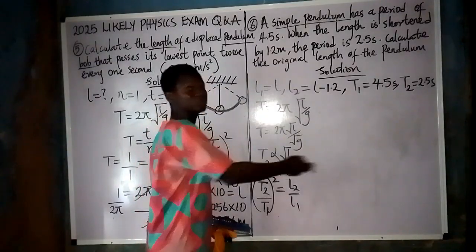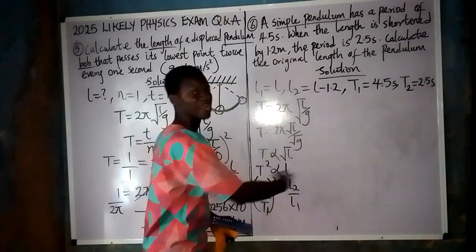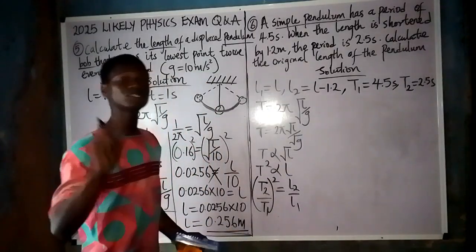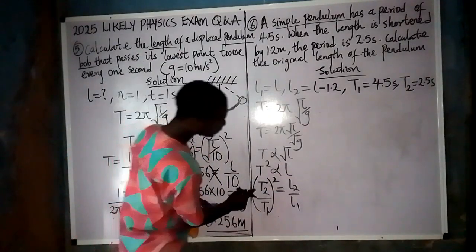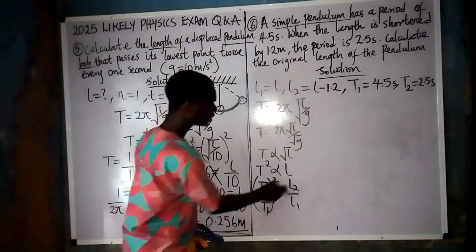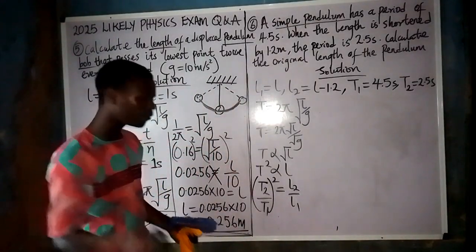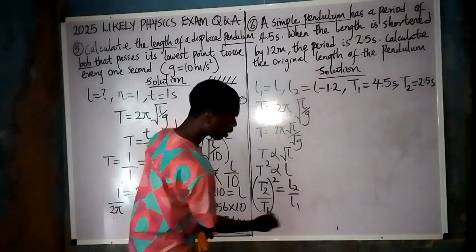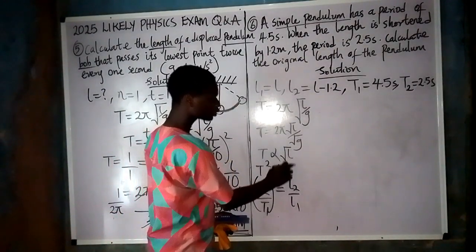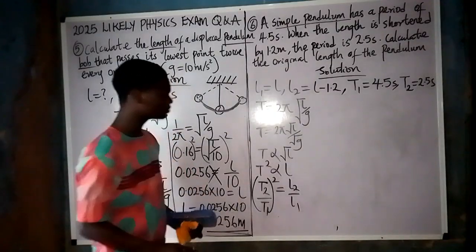So they are on the same upper side of the equation. So that is direct proportionality. If it was inverse proportionality, while T2 is here, L2 will be here, while T1 is here, L1 will be up here. That is inverse. But if it's direct, 2, 2, 1, 1. Now because this L was not carrying any square, I won't square this side. Now we now have this.